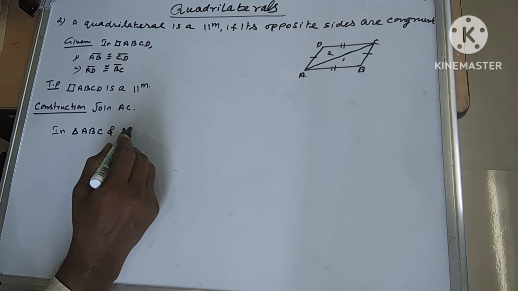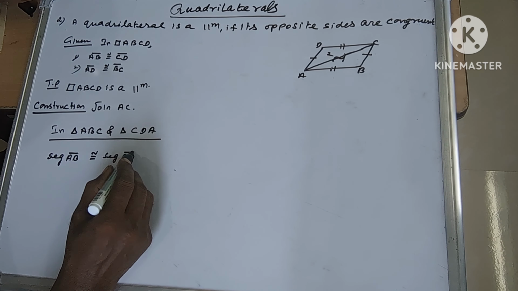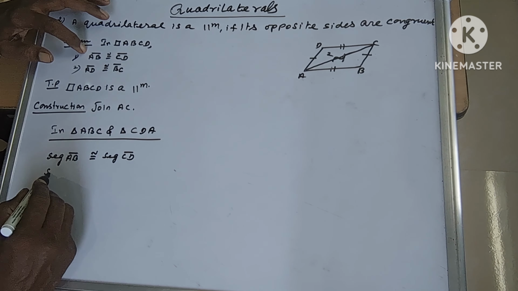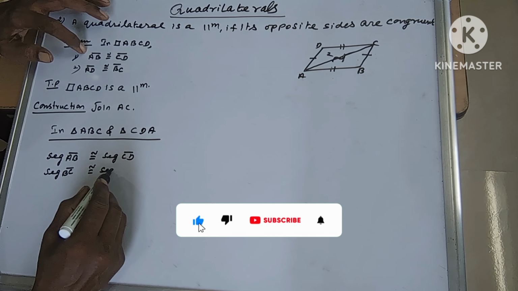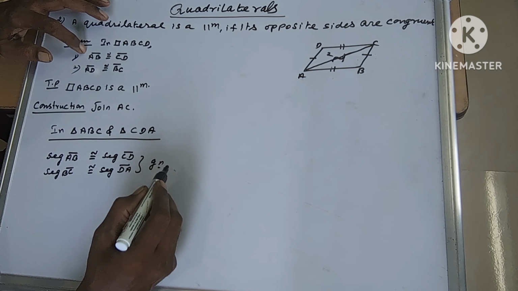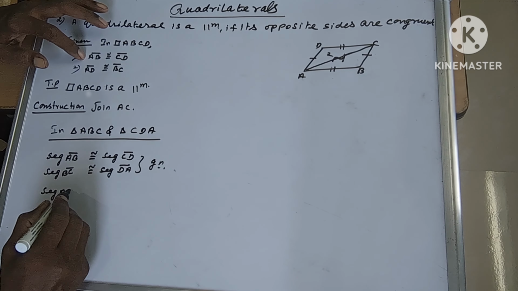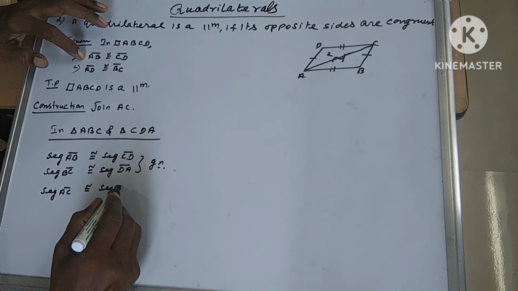This is common, so all three sides are congruent. Segment AB is congruent to segment CD, because this is given. Segment BC is congruent to segment DA, this is also given. Then segment AC is congruent to segment CA, this is common.